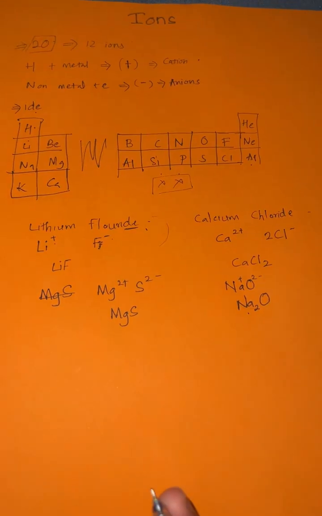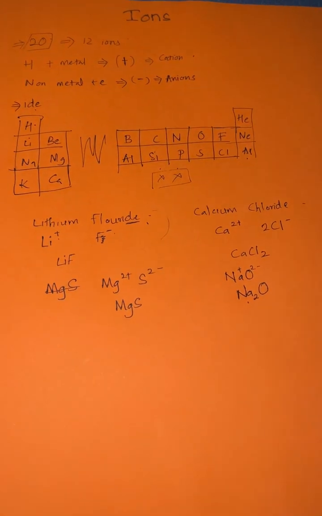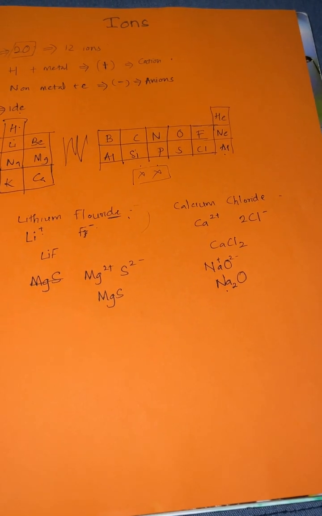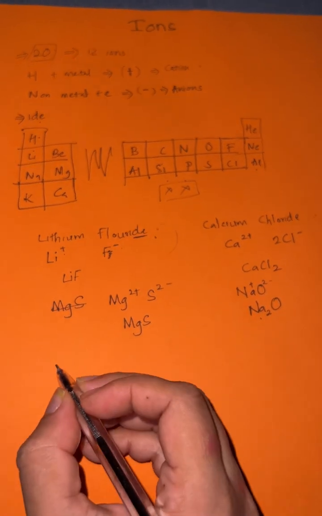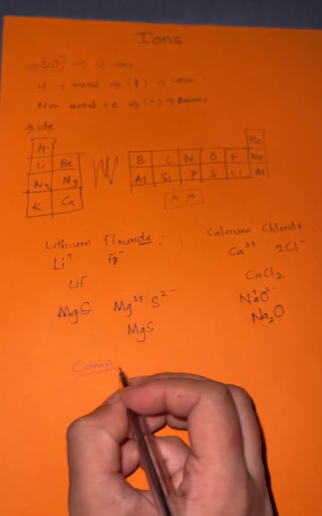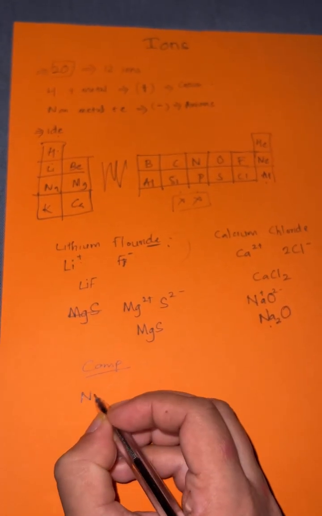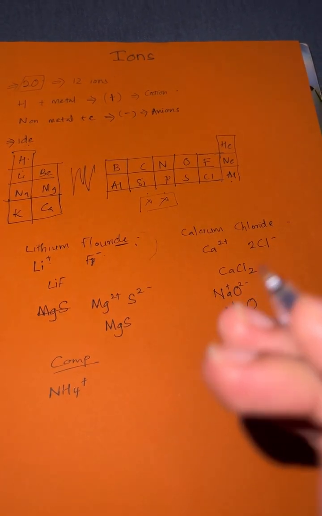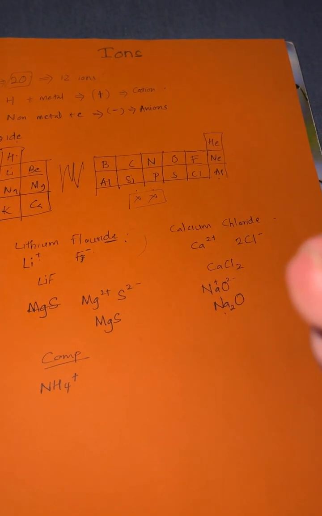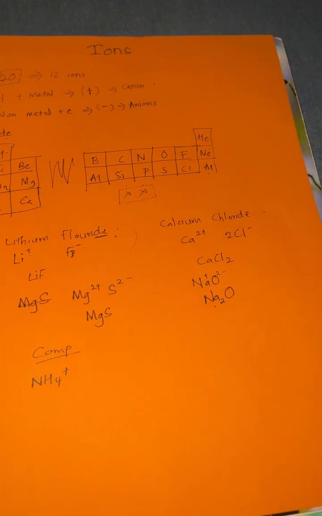Now we are going to talk about some compound ions. Compound ions are also there. Some compound ions, like ammonium, NH4 plus. An atom or a group of atoms having a charge is an ion.